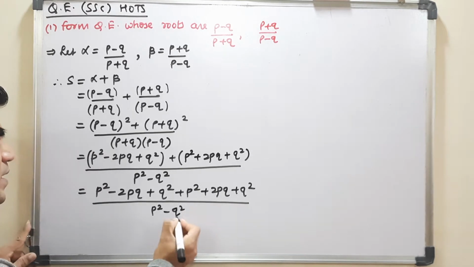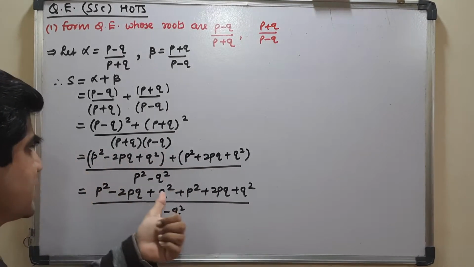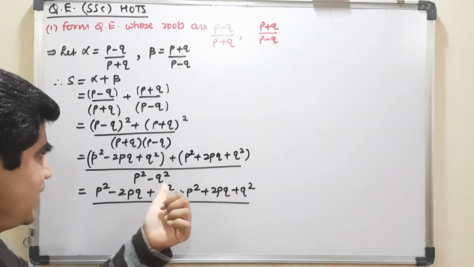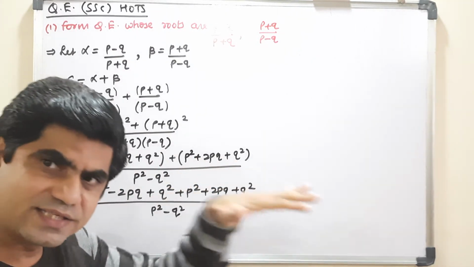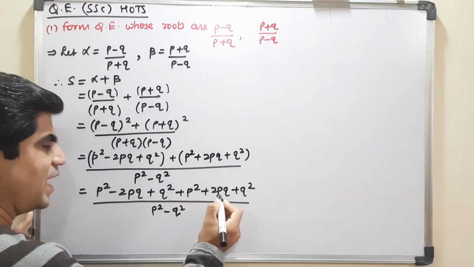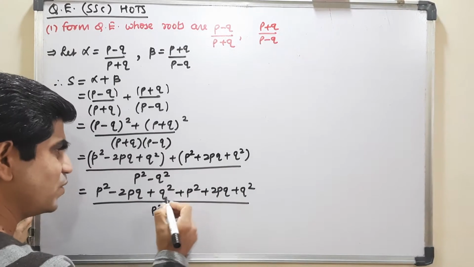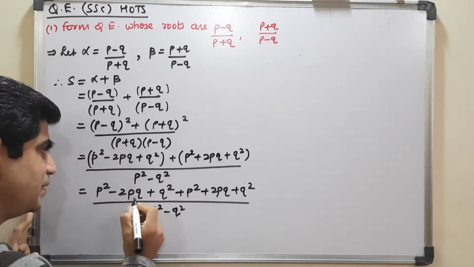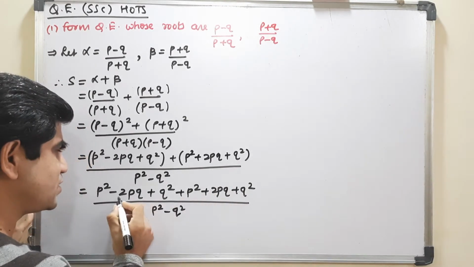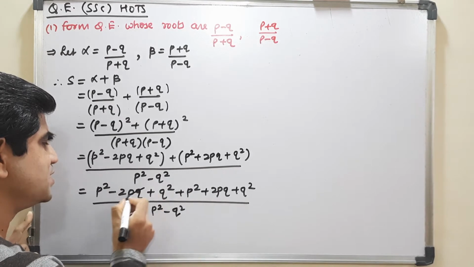See here, there is no change anywhere in the sign because outside this bracket also there is a plus sign and outside this bracket even there is a plus sign. So the signs of the terms inside the bracket will not change. So p square and p square are like terms, q square and q square are like terms, pq and pq are like terms. So this is 2pq with positive sign and this is 2pq with negative sign. So 2pq minus 2pq will become 0.